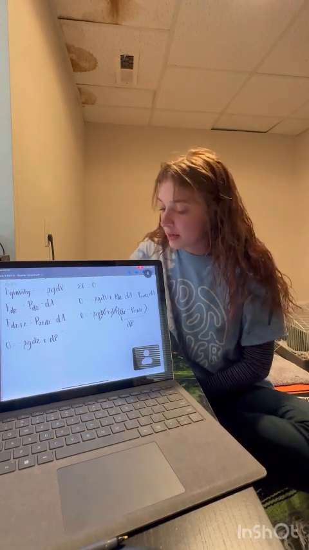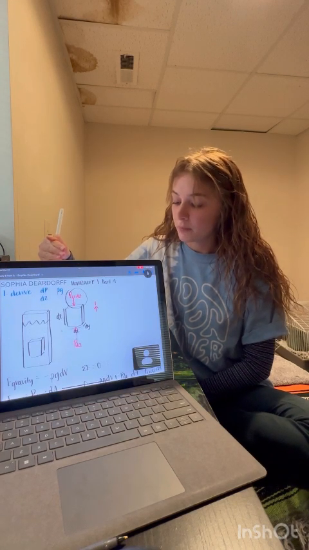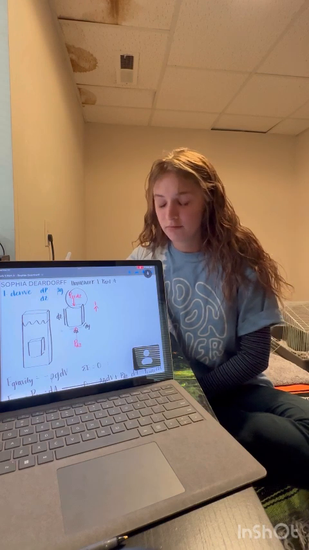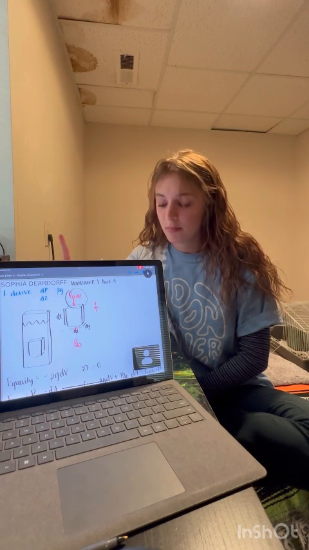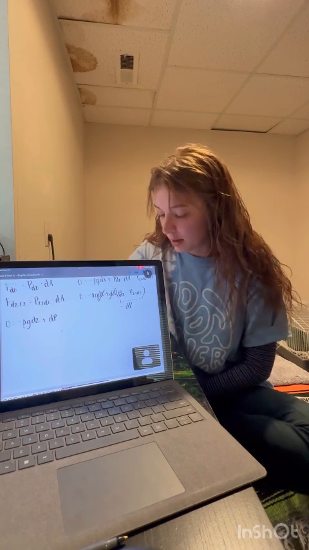We also know that this is a negative because there will be more pressure at the bottom due to static principles.